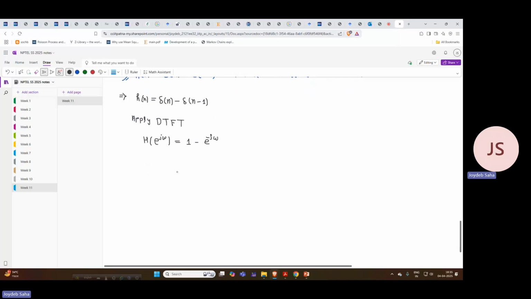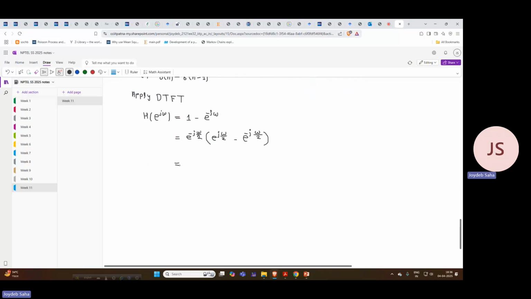Okay. Now can we write it like this? 1 minus e to the power minus j omega is equal to e to the power plus j omega by 2 minus e to the power minus j omega by 2, multiplied with e to the power minus j omega by 2.